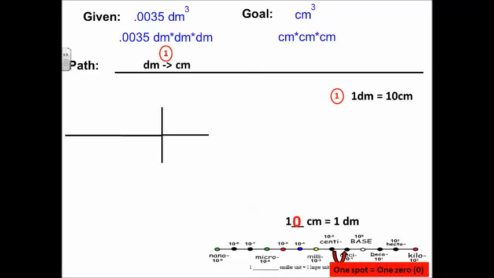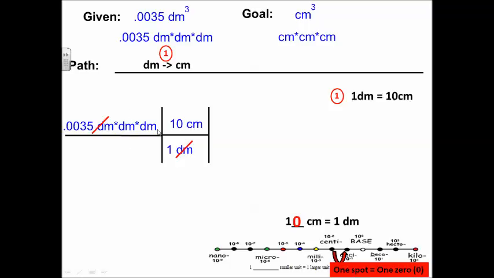So now what we do is take what's given to us and put that in the upper left corner of our railroad tracks. If I have decimeters on top that I need to cancel out, decimeters have to go on bottom. And using our one conversion, we said 1 decimeter is equal to 10 centimeters. Well, decimeter on top cancels out decimeter on bottom. But just like we saw in the last problem, we have more decimeters left to cancel out.